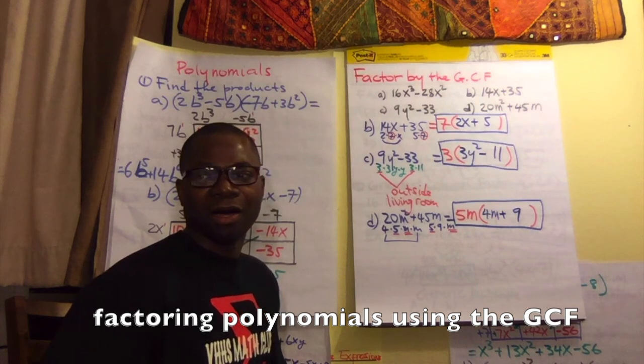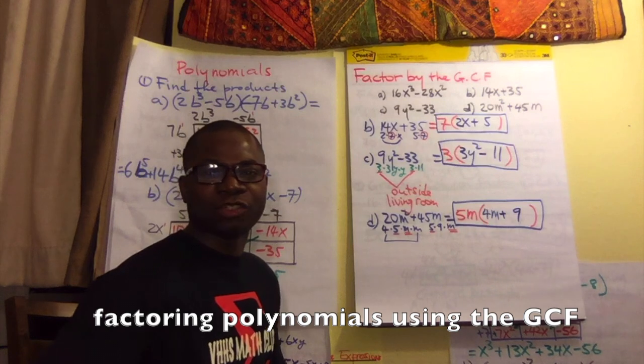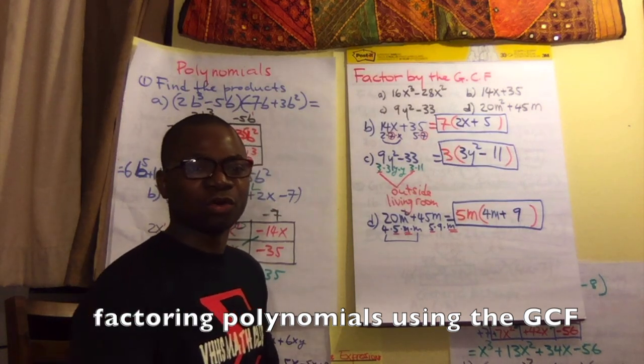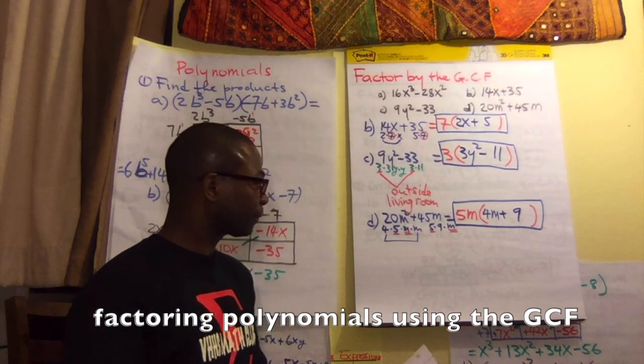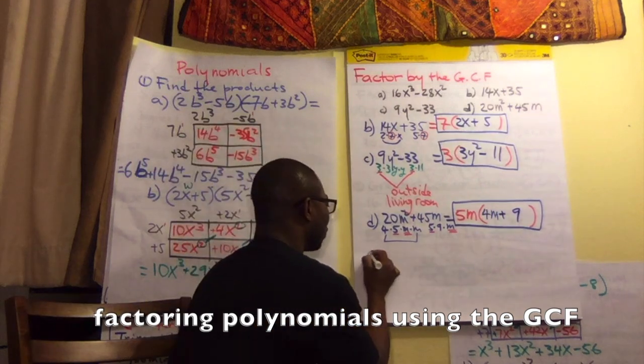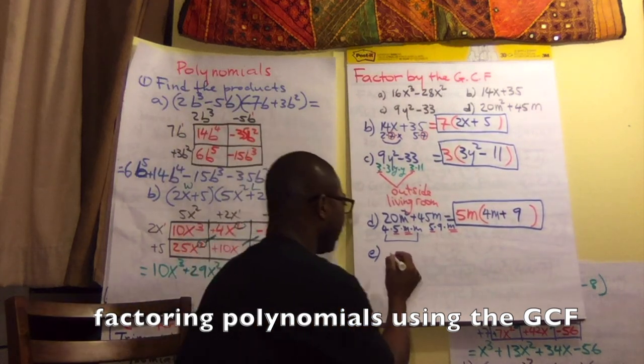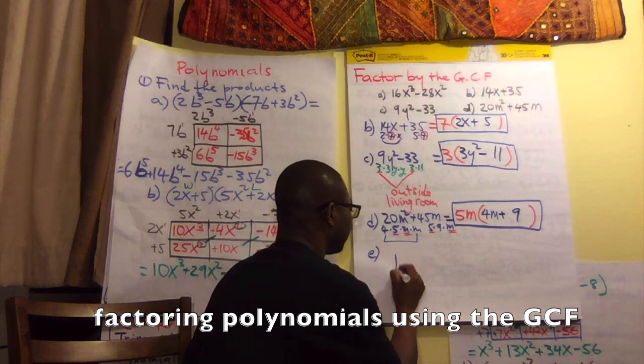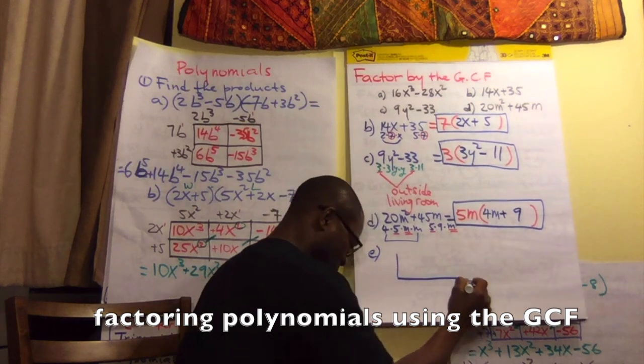Okay, let's factor using the generic rectangle. I have one good example here. We're going to call this one E. Draw my rectangle.